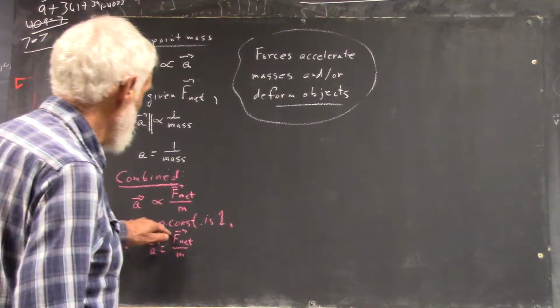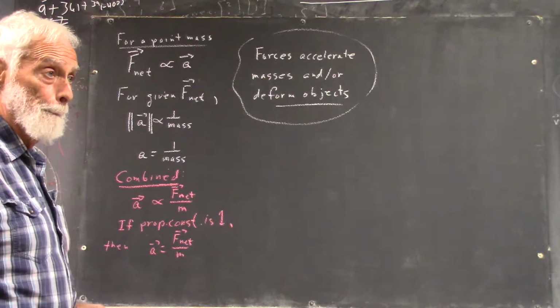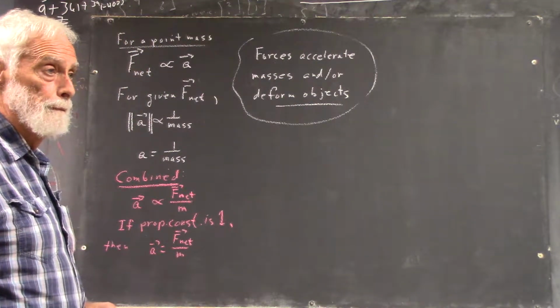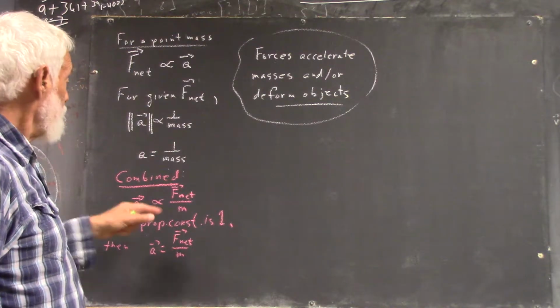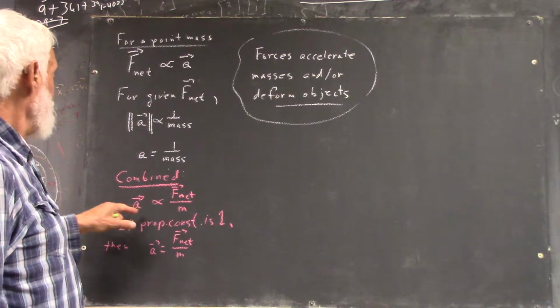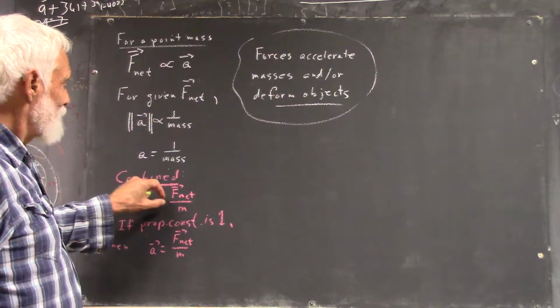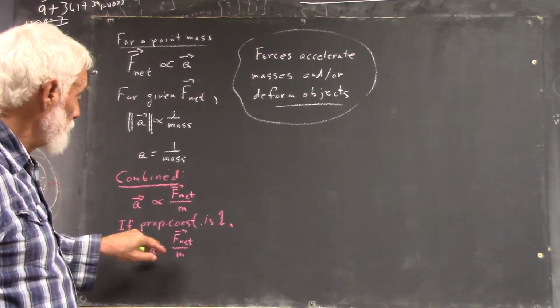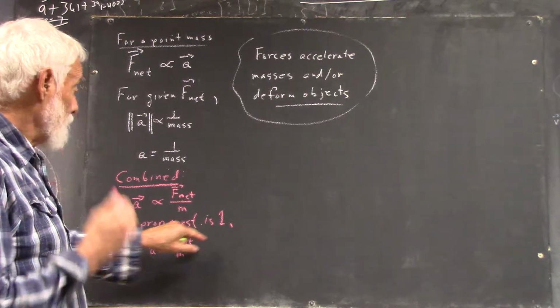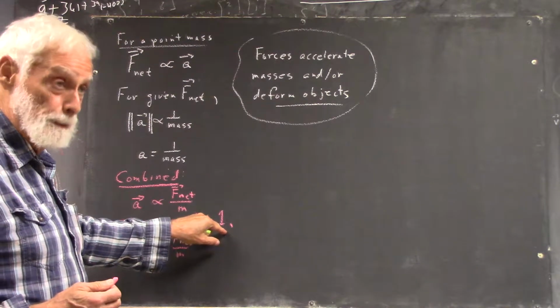Then the acceleration is net force divided by mass. Because to say this is proportional to is just to say that this equals some constant number times this. That constant number is the proportionality constant, and I make the proportionality constant 1.